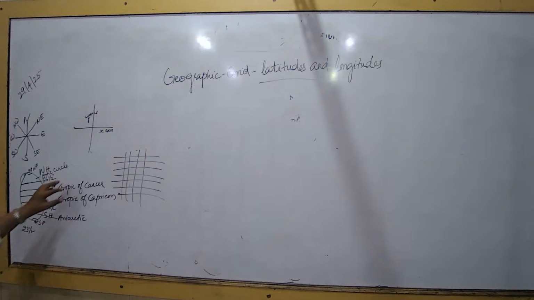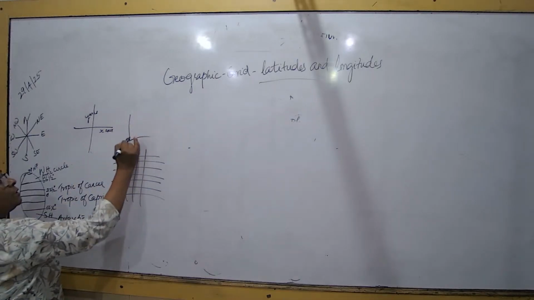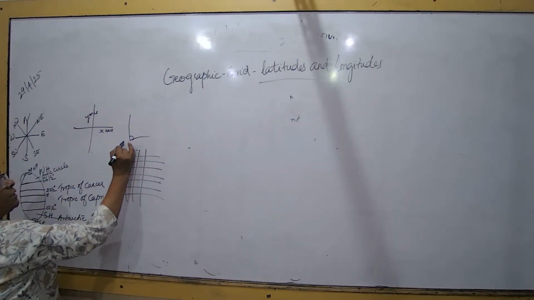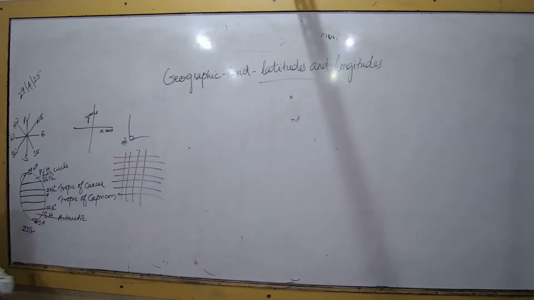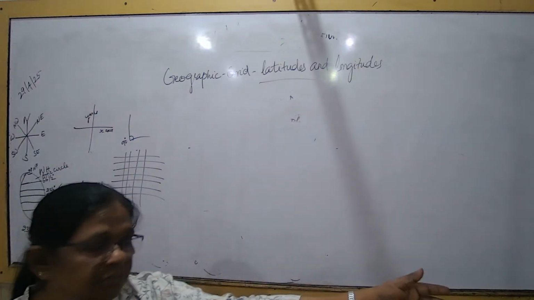So which angle is it? Whether it is 23.5 degree or 66.5 degree or 30 degrees or whatever. That angle. So when we are making this one, we get 90 degree. Same way, that is the angle at which that place is located. That is why the definition is given as angular distance. You just check.